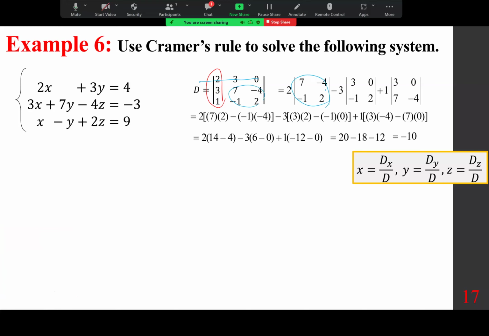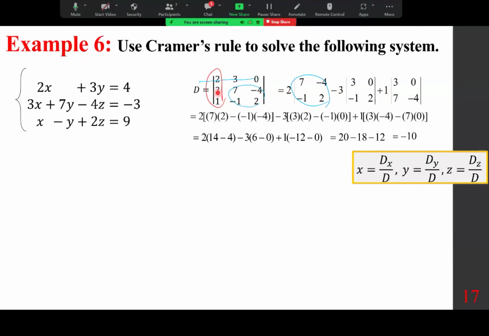This is the first one, okay. And then they will alternate. Notice this 3 makes a negative sign, this one takes a positive sign. So positive, negative, positive. I want you to see that.